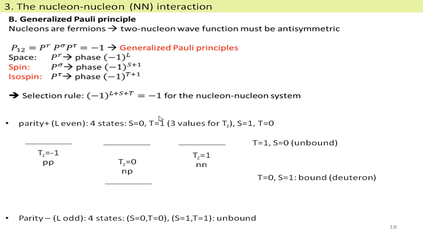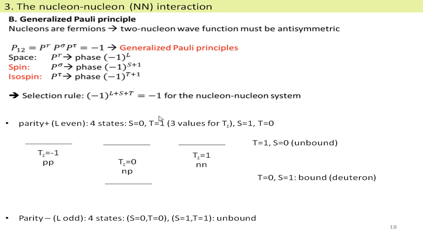If you neglect the Coulomb interaction, these three states are at the same energy, and we know that this T equal 1, S equals 0 is unbound. And we know the binding energy of the deuteron is 2.2 MeV. So these properties should be reproduced by the nucleon-nucleon interaction, and I will come back to that in a moment.